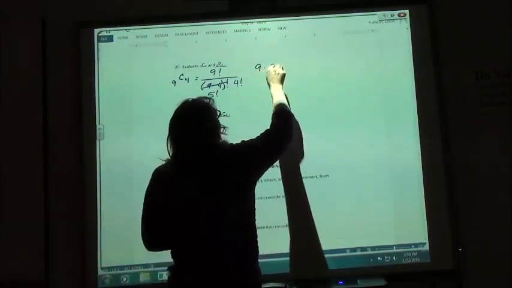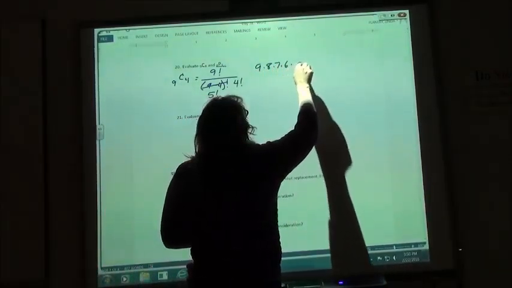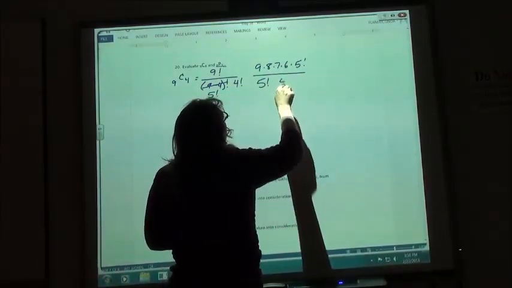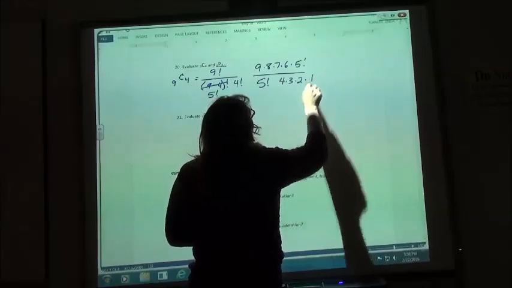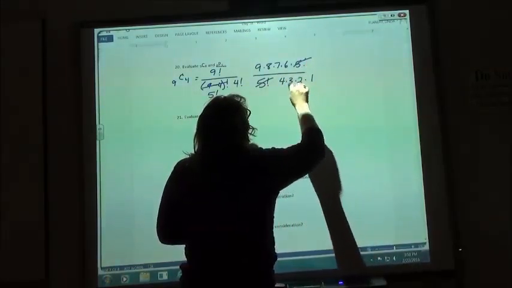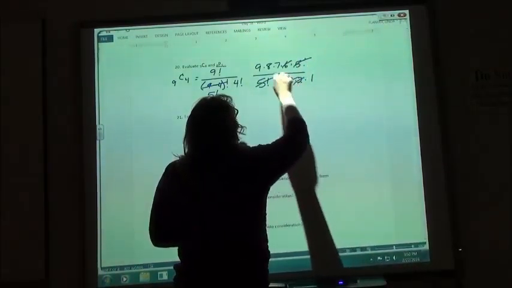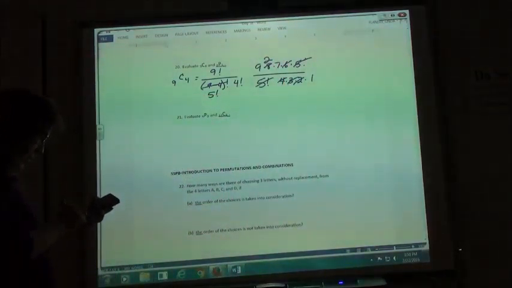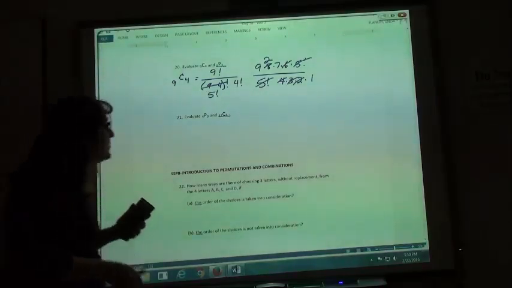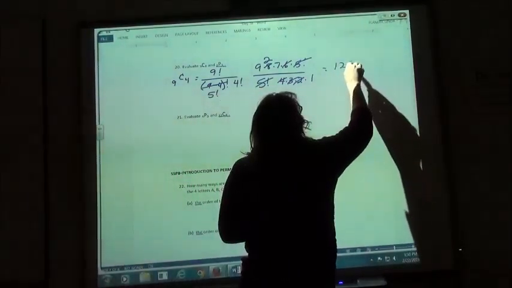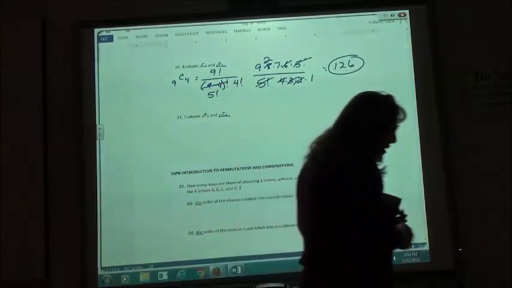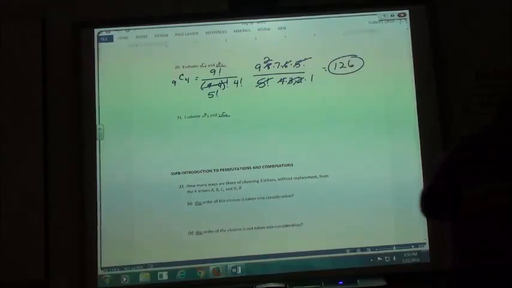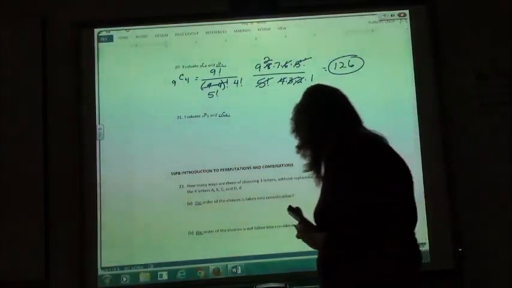So 9 times 8 times 7 times 6 times 5 factorial. 5 factorial times 4 times 3 times 2 times 1. So that will cancel. 3 times 2 is 6. 4 goes into 8 2 times. So 9 times 2 times 7. 9 times 2 times 7 gives me 126. So 126 would be my first answer there for my combination of 9 things taken 4 at a time.